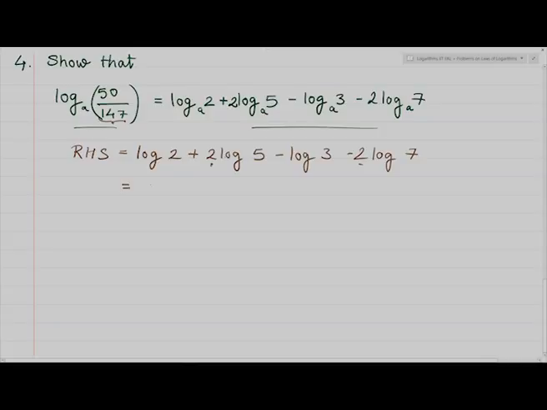So, first step will be to put the numbers that are ahead of log into the powers. Okay. So, log 2 plus log 5 square minus log 3 minus log 7 square. Okay.